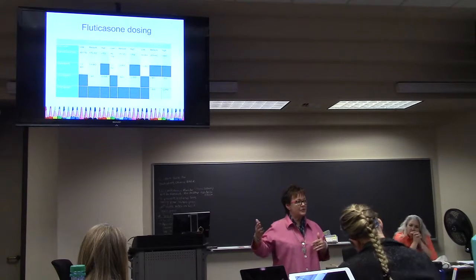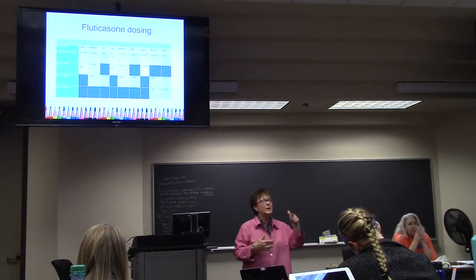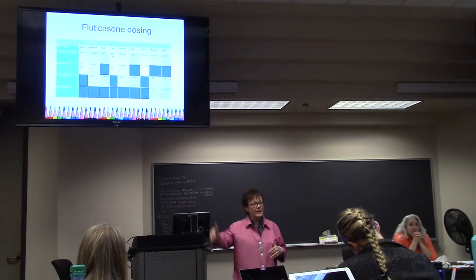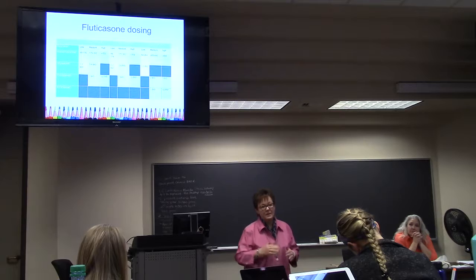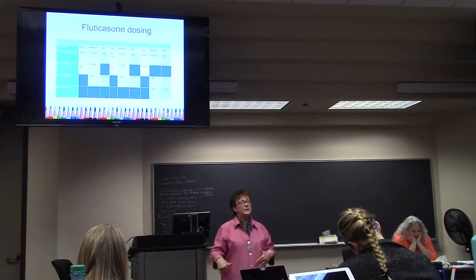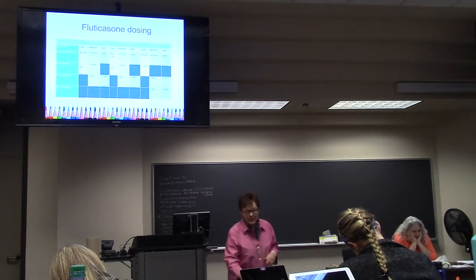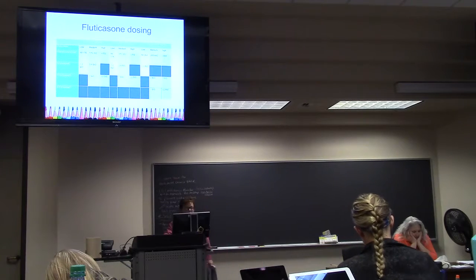If they have step 3 or 4, and they've got more moderate persistent, then they're going to go with the medium. I told you I like to start with the highest and back down. Instead of having to keep going up and trying to find the dose that controls them, I like to start high and then back down. So here's the way I think is easiest to learn these.